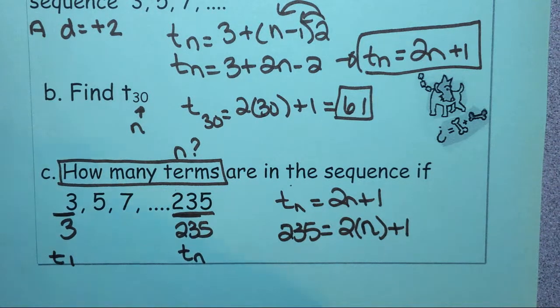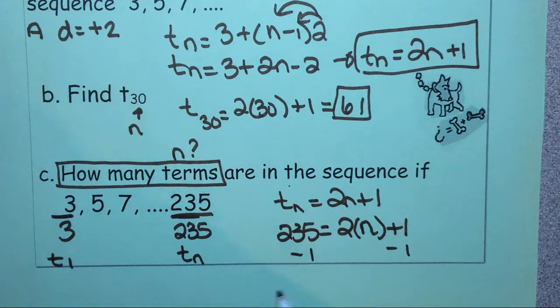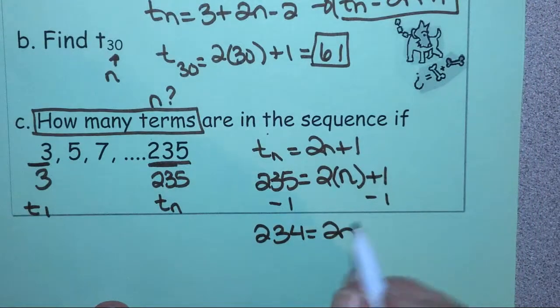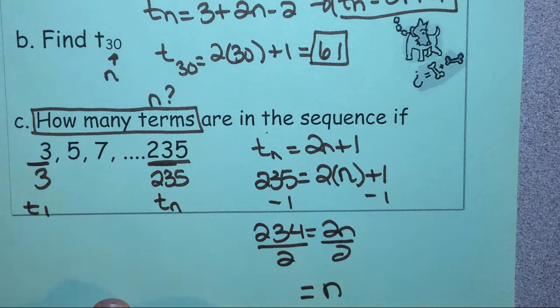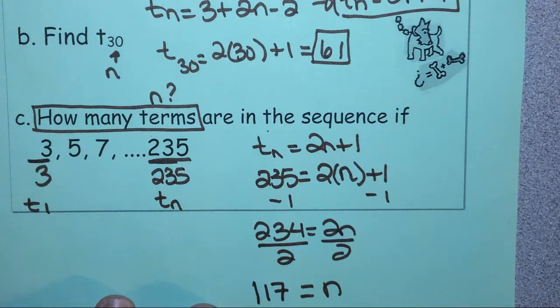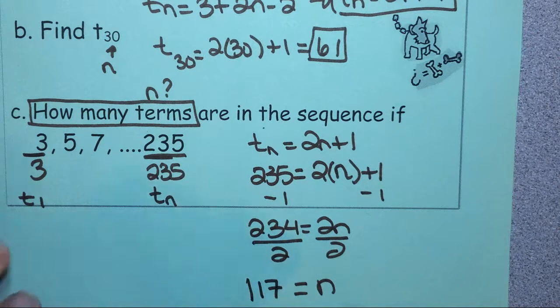And then I'm going to go solve. So I'm going to minus 1 from both sides and get 234 equals 2n. And then I'm going to divide both sides by 2. And how many times will 2 go into 234? 117 times. Let me just double check. Yep, my math is right.